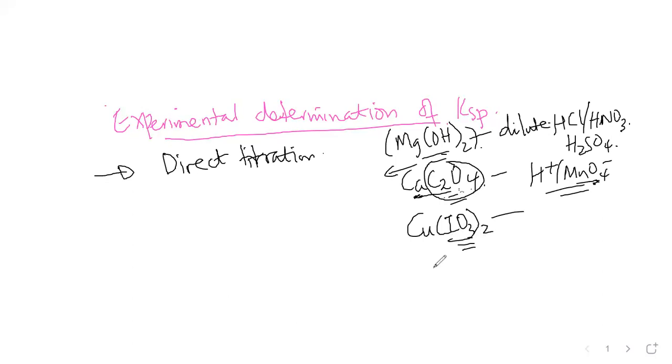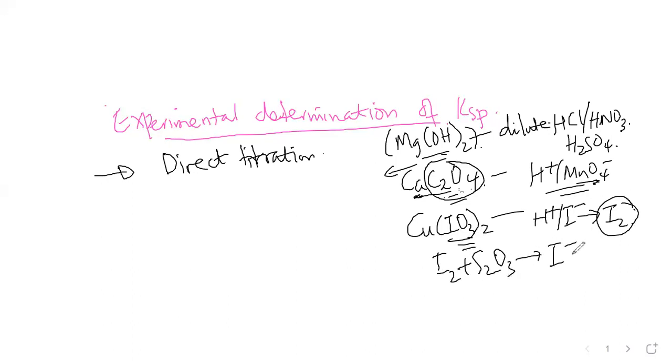How is that done? You acidify the mixture and then add iodide ions such that you liberate iodine. Then the iodine liberated is titrated with sodium thiosulfate. You know that reaction. You form iodide ions and tetrathionate ions.